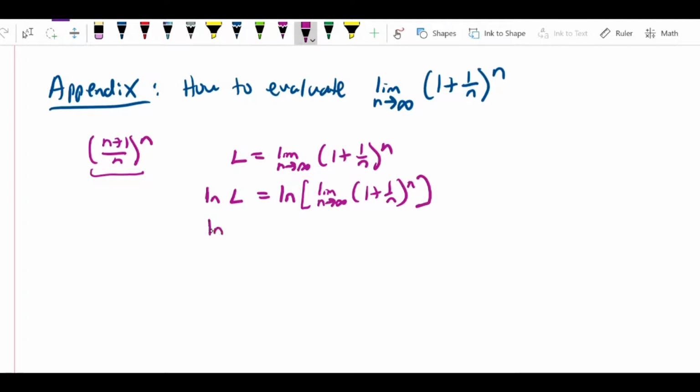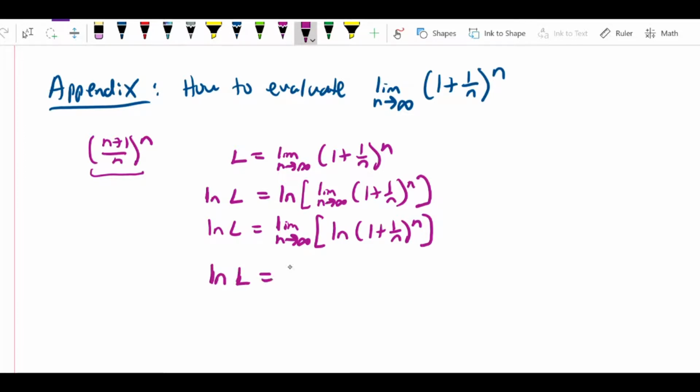We can then use the rule that the limit of a log is equal to the log of a limit, so that becomes the limit as n approaches infinity of ln((1 + 1/n)^n). In other words, I can bring the limit outside this log in that way.